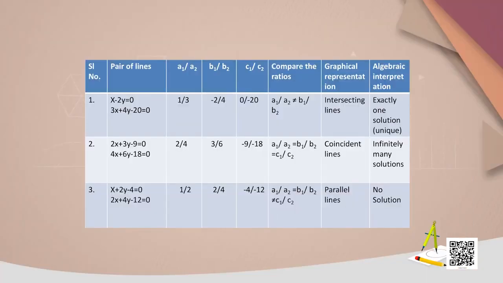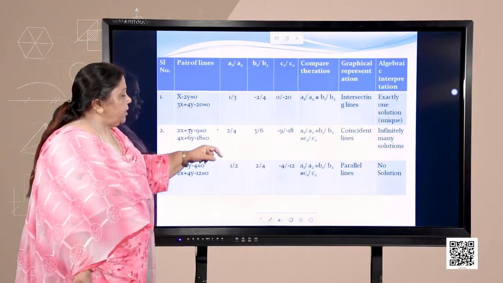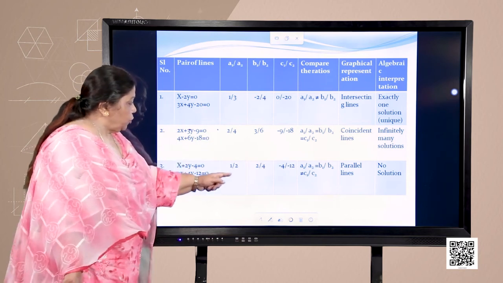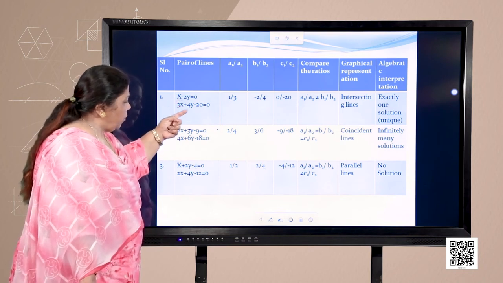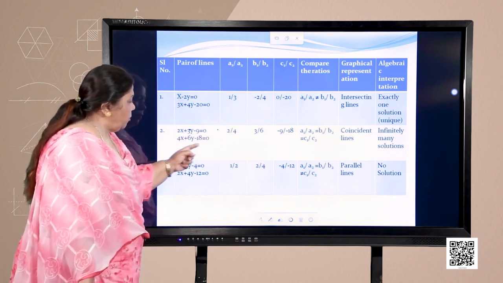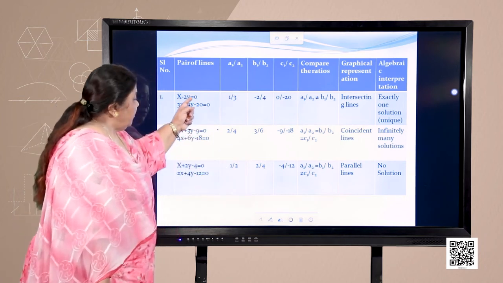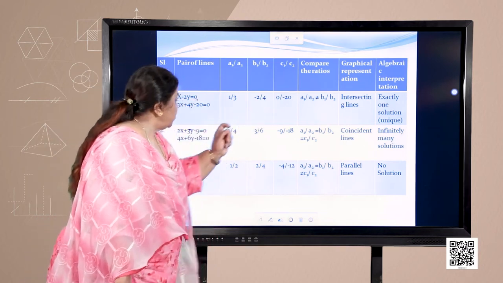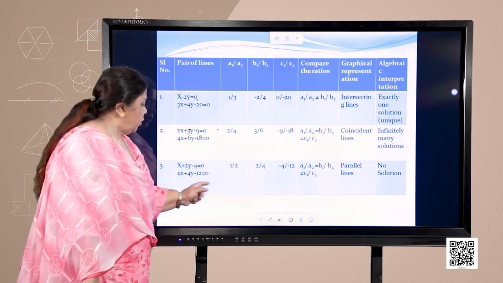We have the pair of lines in all the three cases and these were the ratios of the coefficients of x: 1 upon 3, 2 upon 4 and 1 upon 2. Likewise, the coefficients of y: minus 2 upon 4, 3 upon 6 and 2 upon 4. Same way we have taken constants: 0 upon minus 20, minus 9 upon minus 18 and minus 4 upon minus 12.